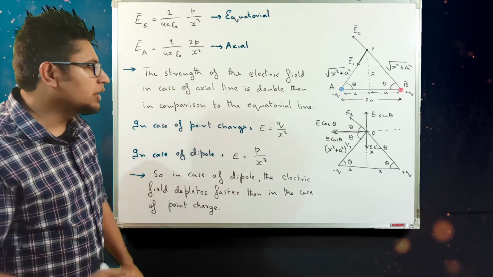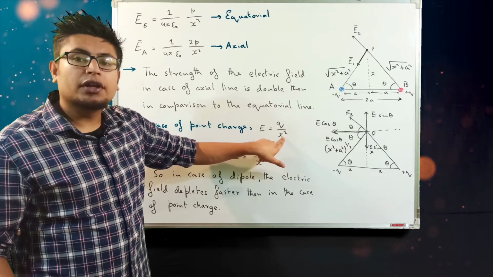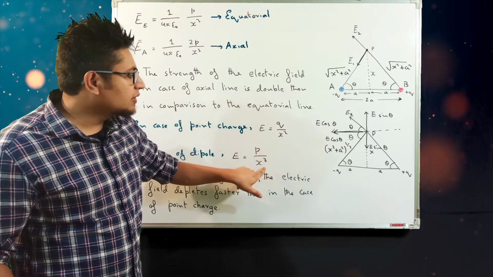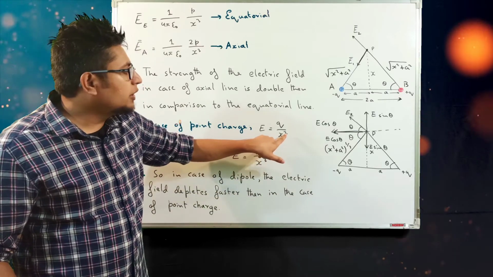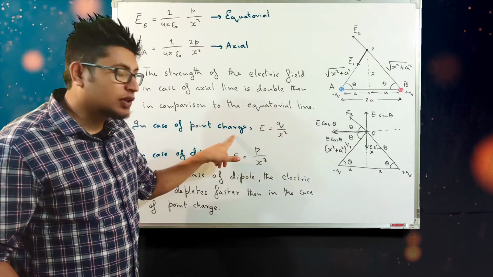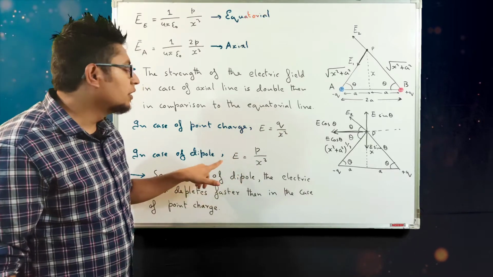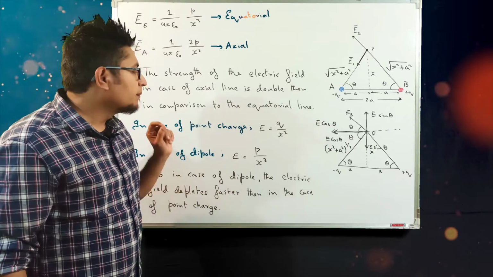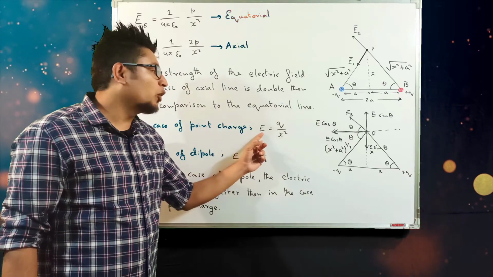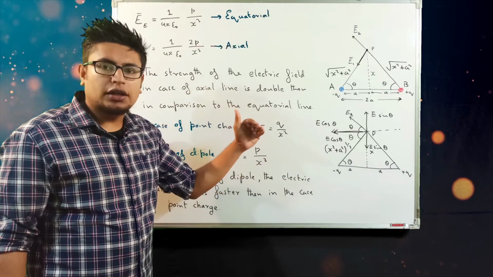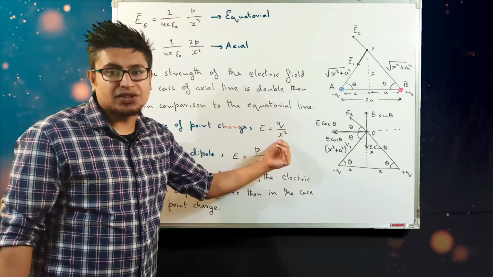So out here you see that the denominator in the case of point charges is a little less compared to the denominator in the case of dipole, where it is cube. Which means that the electric field in the case of point charges is going to be a little higher than in the case of dipole with respect to the distance.